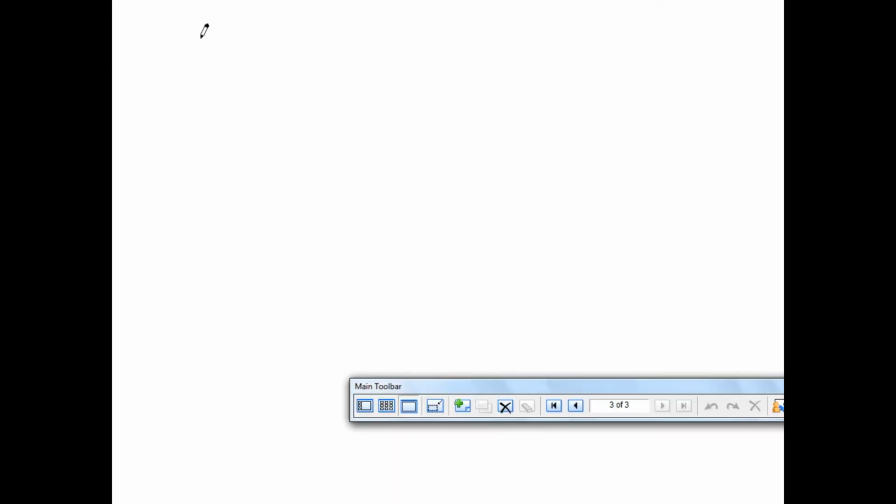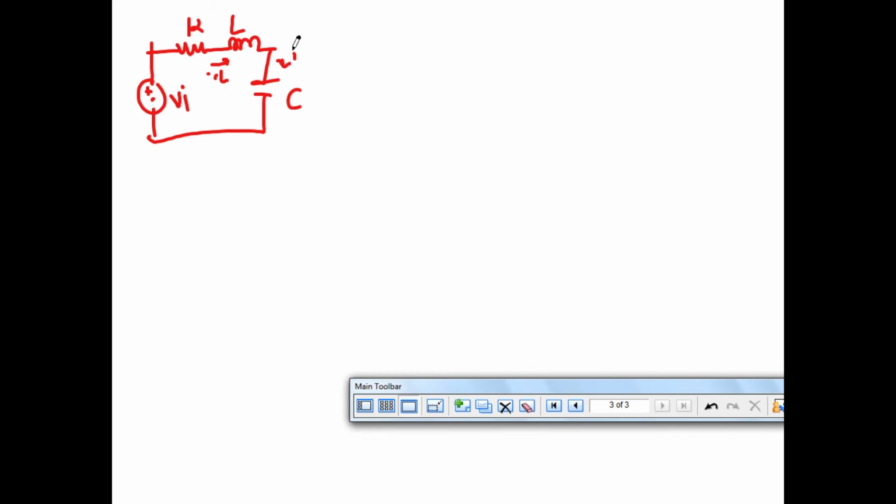I will draw this circuit. My circuit will have the source plus and minus, then R, L and C. This IL amount of current is flowing over here, and similarly IC amount of current is flowing in this circuit.